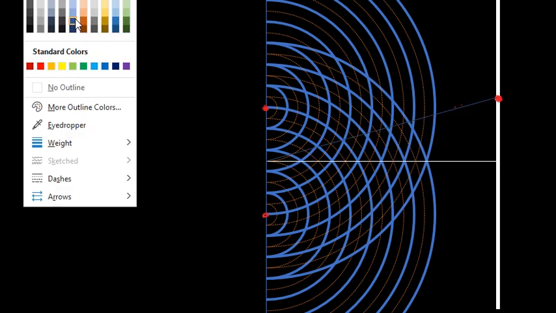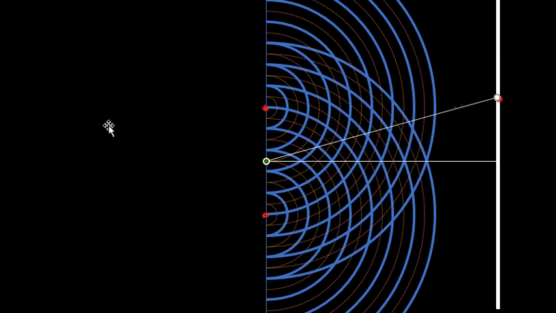Let's change the color to be something. Yep, this looks good. So what exactly this means is we need to figure out this angle.